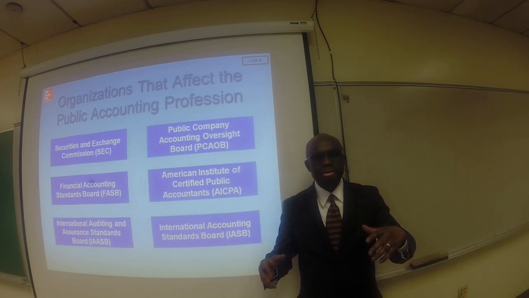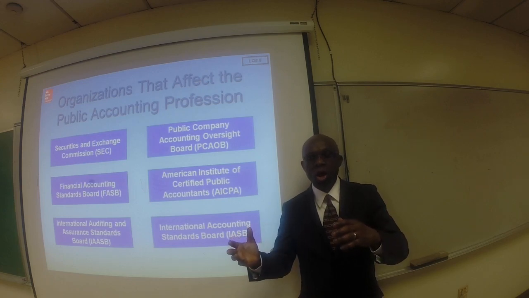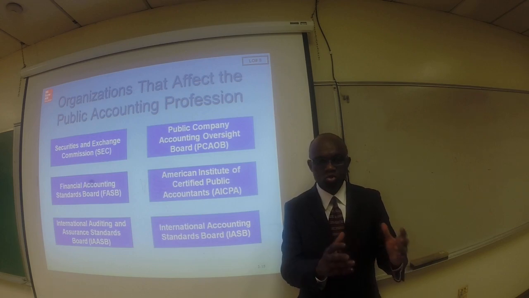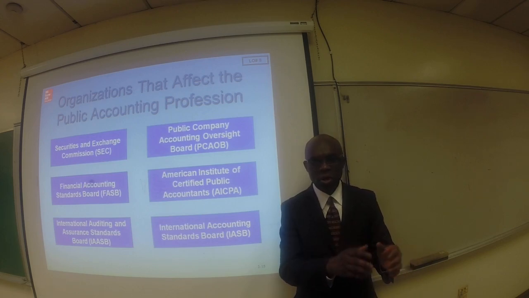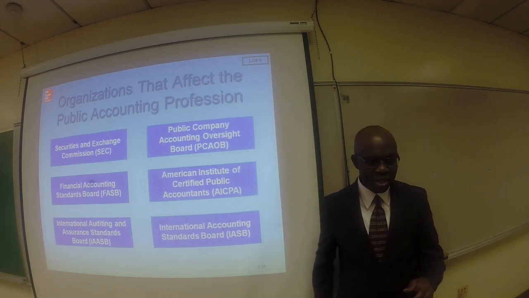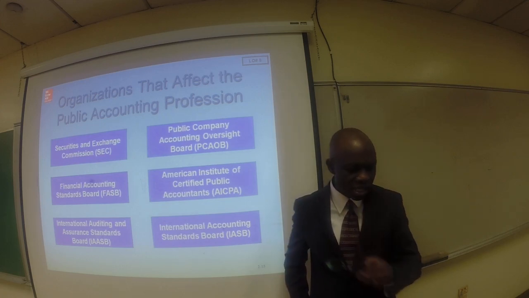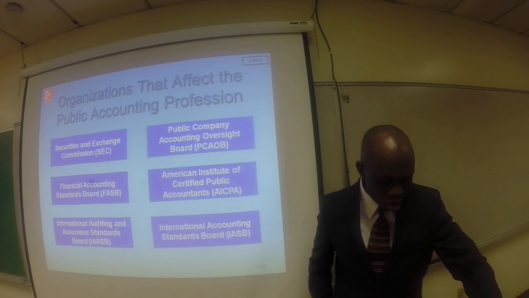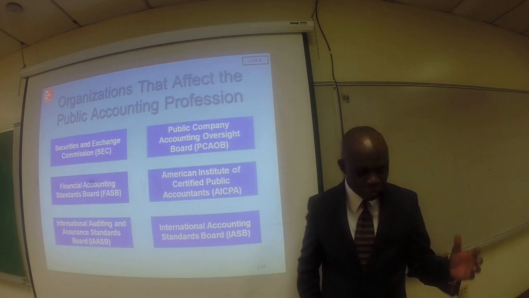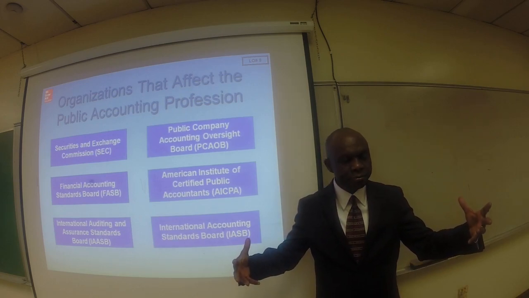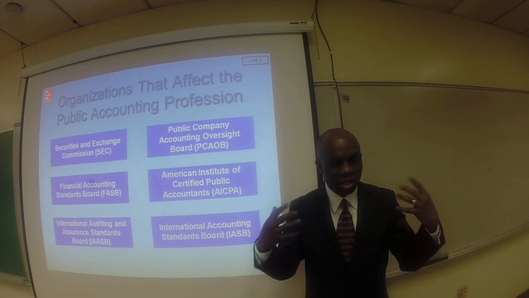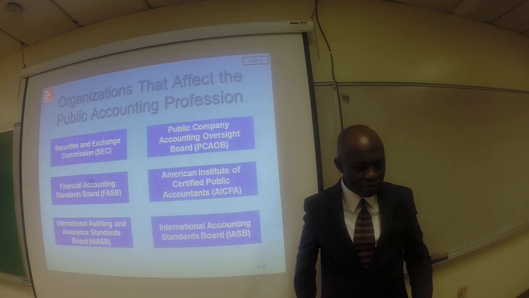That is the international counterpart of FASB. FASB comes up with accounting rules and accounting standards for accountants in the United States, while the International Accounting Standards Board is responsible for establishing accounting rules for countries that decide to use those accounting standards for preparing their financial statements.